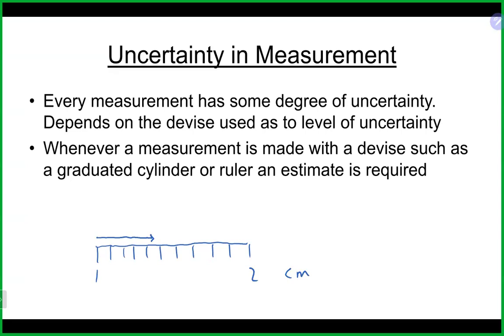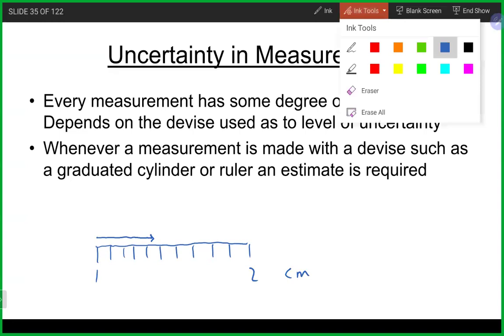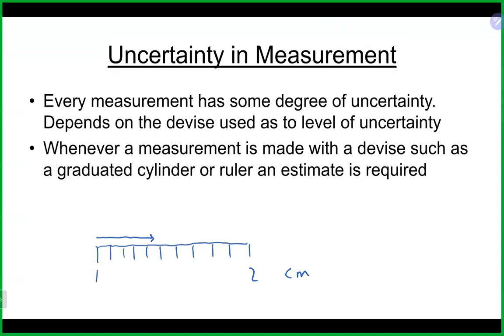When you look at a scale, be it a ruler, a graduated cylinder, anything with markings, there are basically two types of markings that you will see, sometimes referred to as large markings and small markings. In this case, our larger markings are 1 and 2, which means our larger markings represent 1 centimeter.